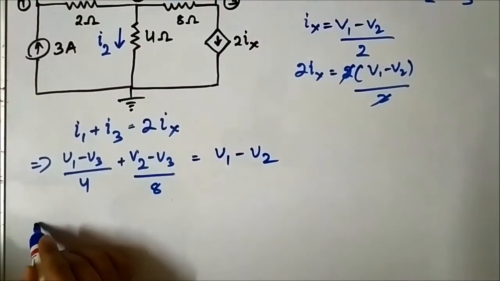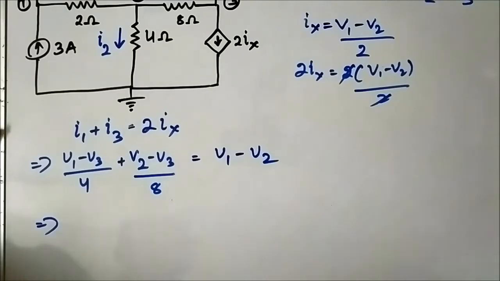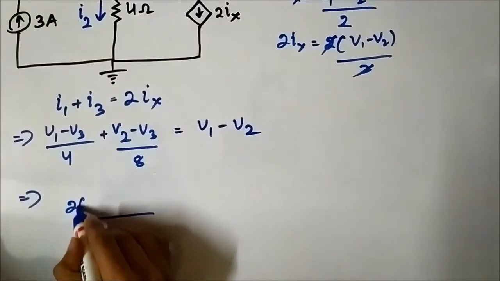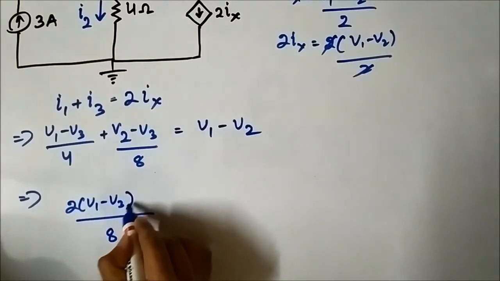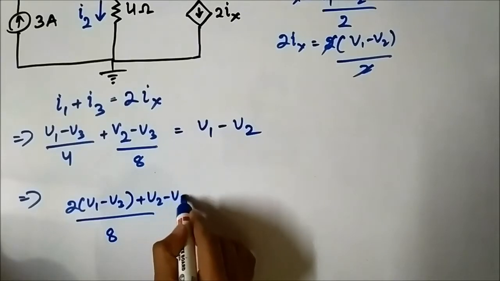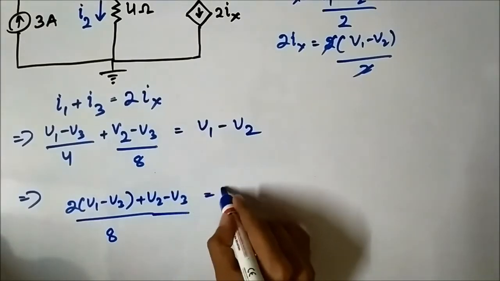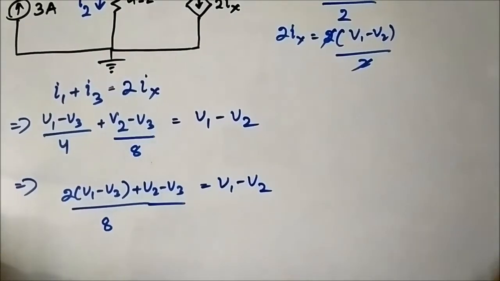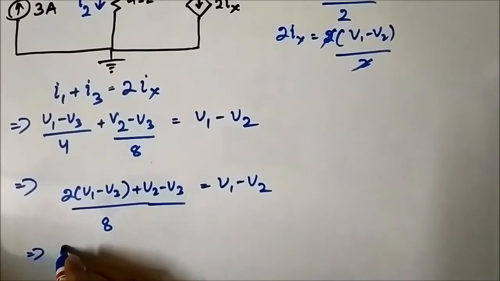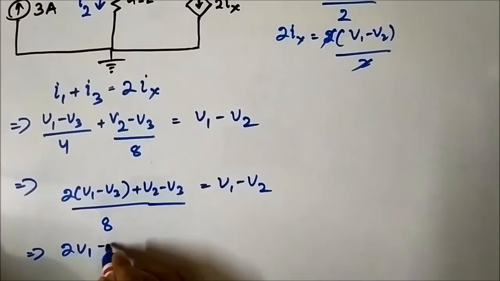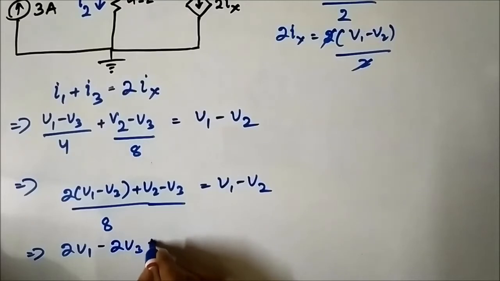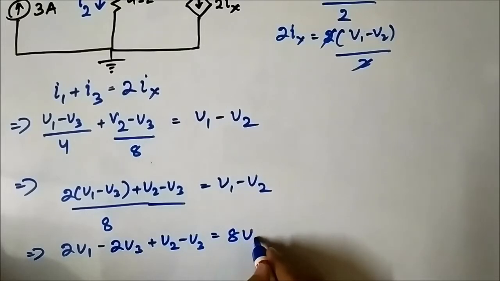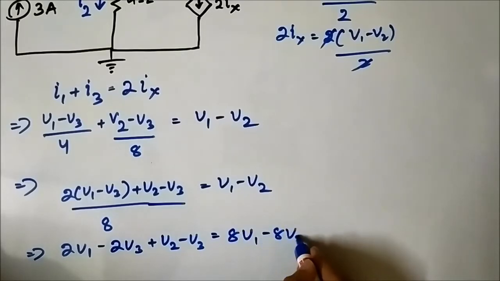So if we take the LCM here, which is 8, it becomes 2 into V1 minus V3 plus V2 minus V3 is equal to V1 minus V2. Okay, so if we take it to the right side, it becomes 2V1 minus 2V3 plus V2 minus V3 is equal to 8V1 minus 8V2.